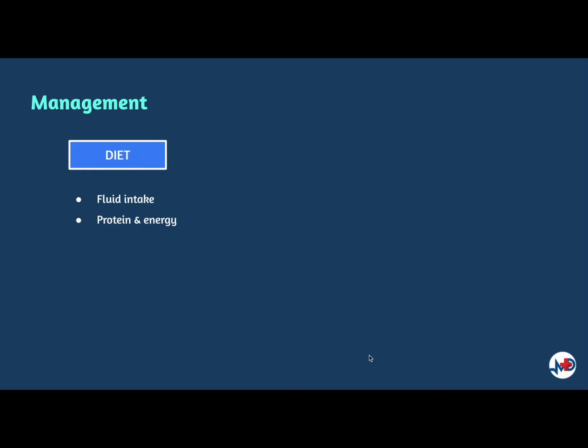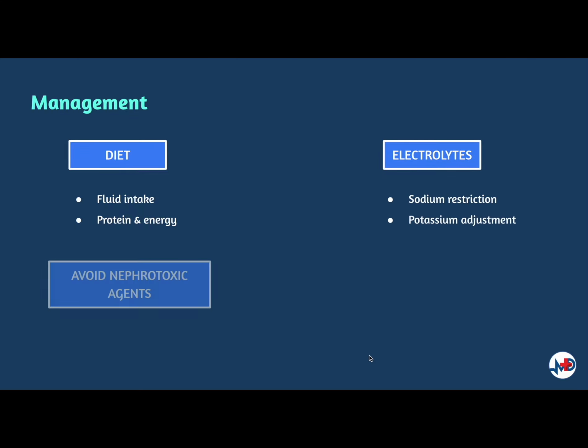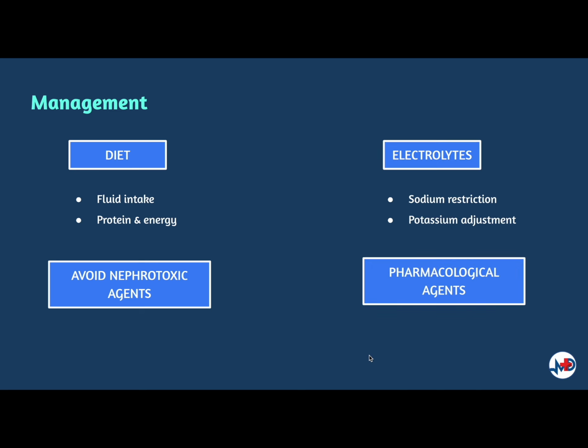Next would be electrolytes. So here, one of the functions of the kidneys is to maintain acid-base and electrolyte balance. So it is important to ensure that sodium is restricted in order not to cause refractory hypertension, as well as potassium adjustment, because the function of the kidney is slowly declining, hence the excretion of potassium also will decline, and this will then in turn retain potassium in the circulation.